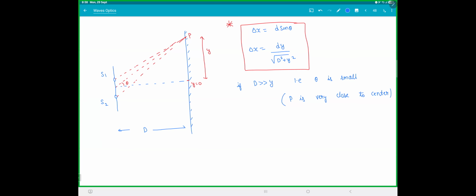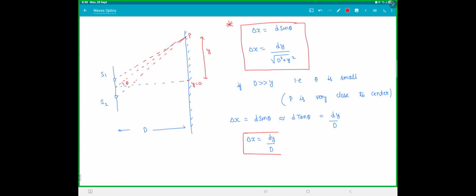Getting it? So if you take a point very close to the center, then your delta x, which is d sine theta, can be approximated to d tan theta. And tan theta can be written as y by capital D. So we get delta x is dy by capital D. This is your approximate formula.